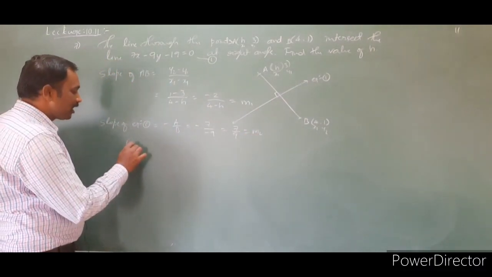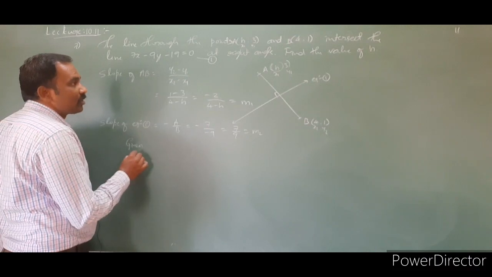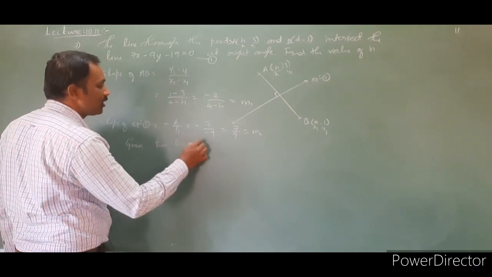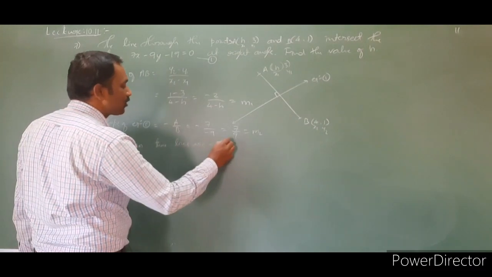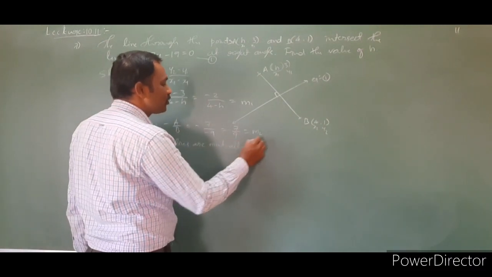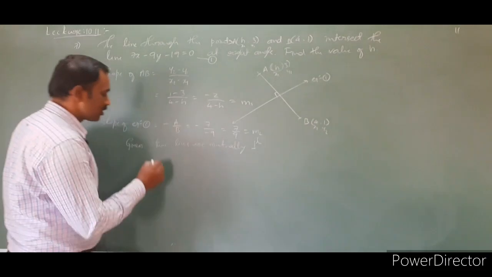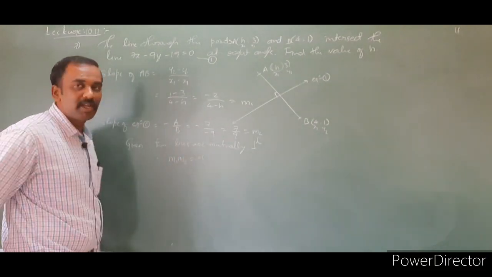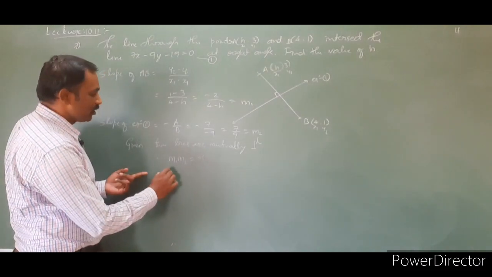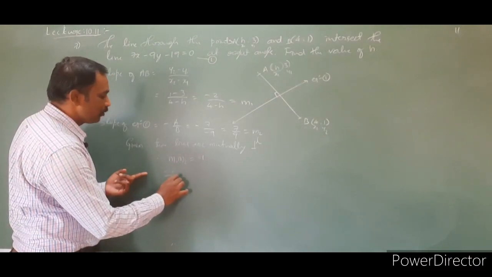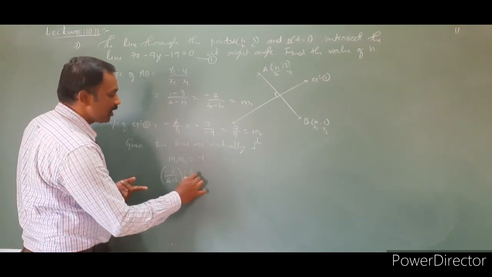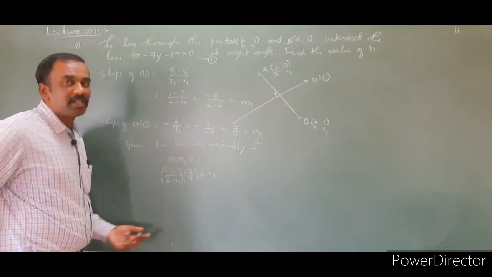So they only given that two lines are mutually perpendicular to each other. Therefore, product of their slope is equal to how much? Minus 1. What is the m1 value? Minus 2 divided by 4 minus h into m2 value 7 divided by 9 is equal to minus 1.